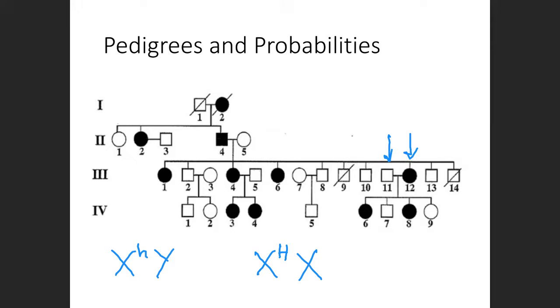However, is she heterozygous or is she homozygous? Well, you have to look at the parents. Individual 312 inherited her faulty X from her dad. Her mom was not carrying a faulty X. Her mom is homozygous recessive.